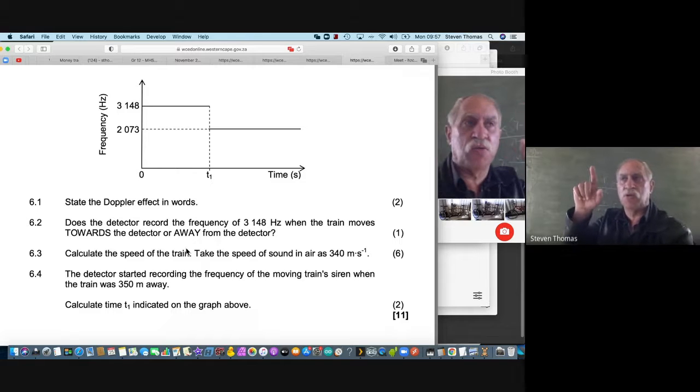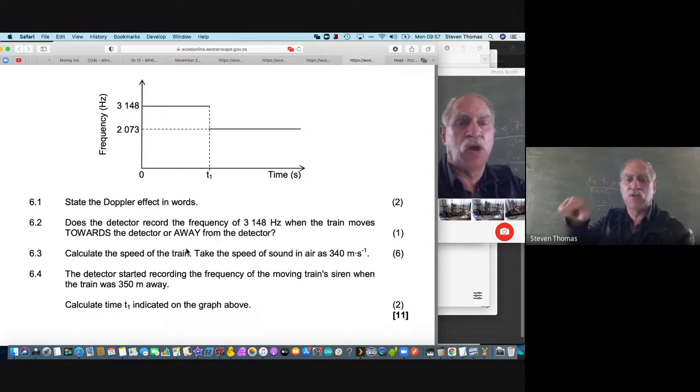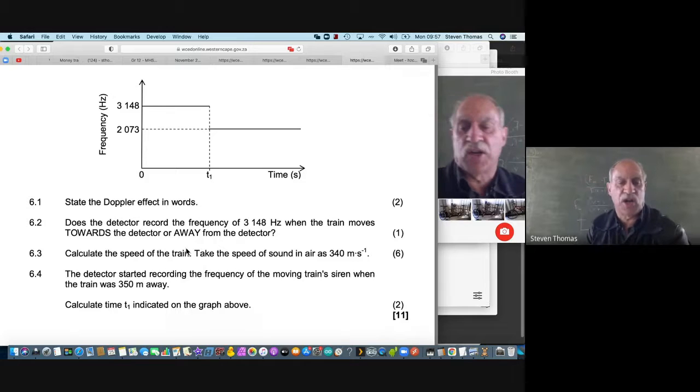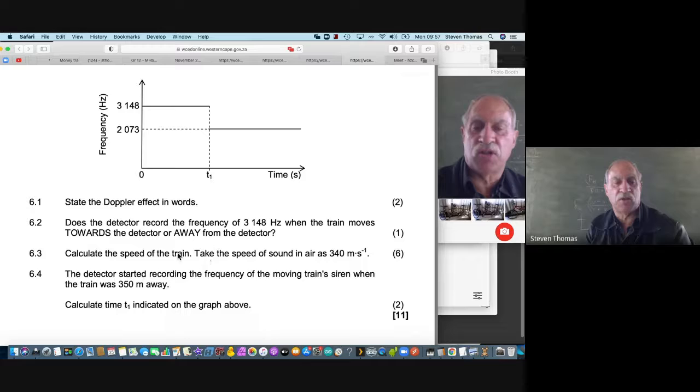Velocity equals distance over time. So if you know the distance and you know the velocity, your third one is time. So V, velocity equals distance or displacement over time. They give you the displacement. So you put the 350 over the time equals whatever your answer was in 6.3.